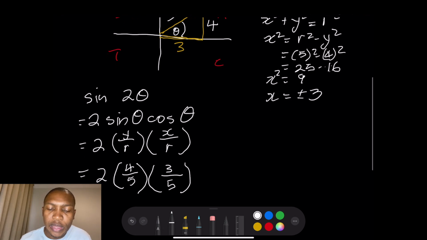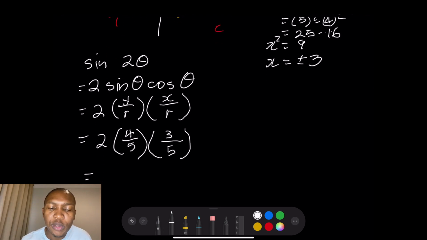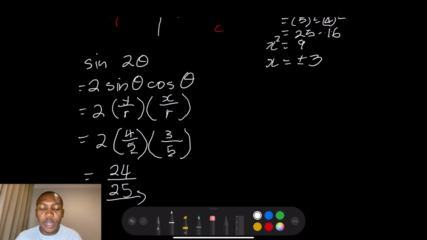So in this case we can just simply work out that value. So we're going to say 4 times 3, that's going to give us 12, times 2, that's going to give us 24. So that's 24 over 5 times 5. In this case, our denominator is 25. So our answer there, without the use of a calculator, is 24 over 25.